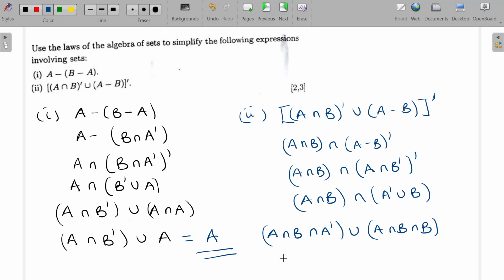You're going to have A intersection A complement intersection B. Then union, this is going to become A intersection B, because B intersection B is just B.